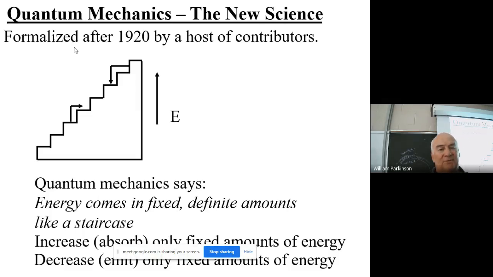They found that atoms only emitted or absorbed certain amounts of energy. They couldn't absorb any amount they wanted. Every atom had characteristic amounts that it would like to absorb or emit, and it verified in the scientific model that this was the way energy was distributed in subatomic particles.